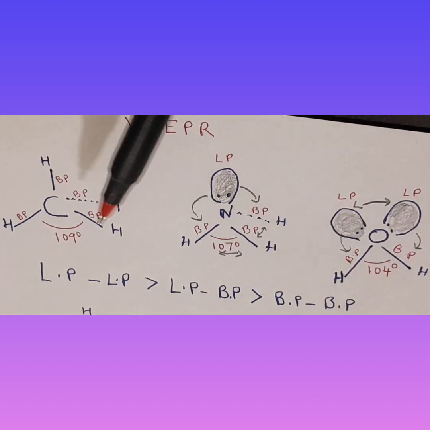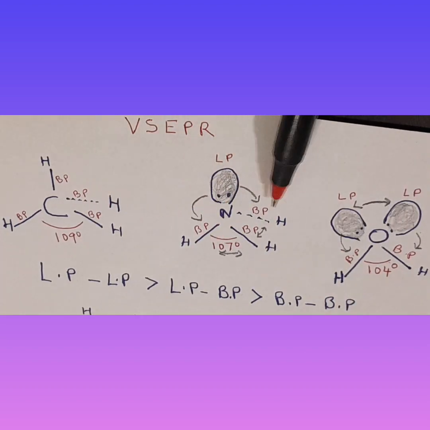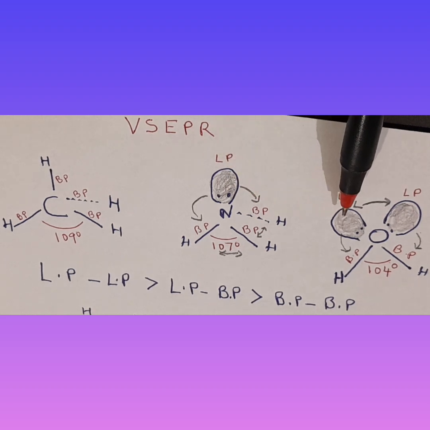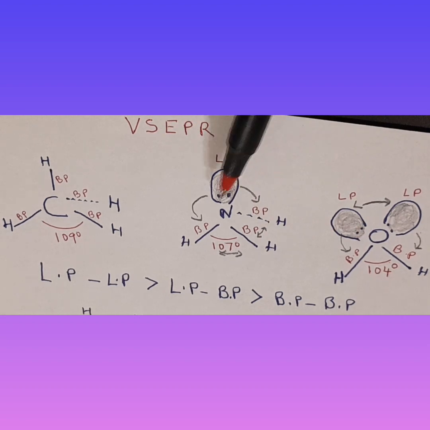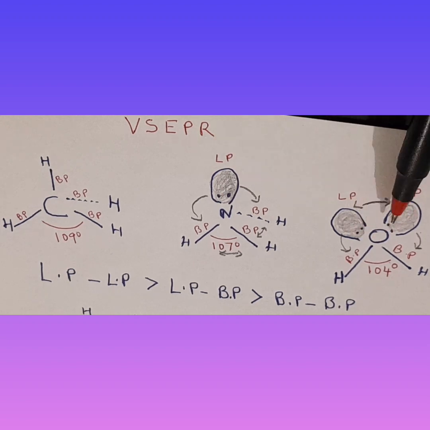That's the reason why the bond angle, in spite of these two also being sp3 hybridization, reduces. And this is what we call valence shell electron pair repulsion.